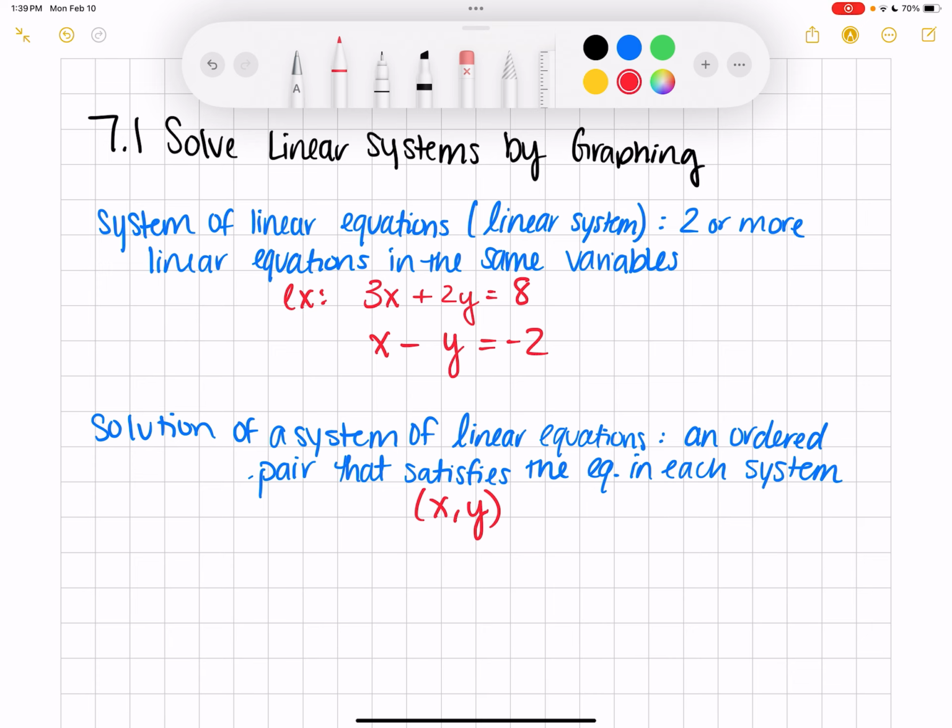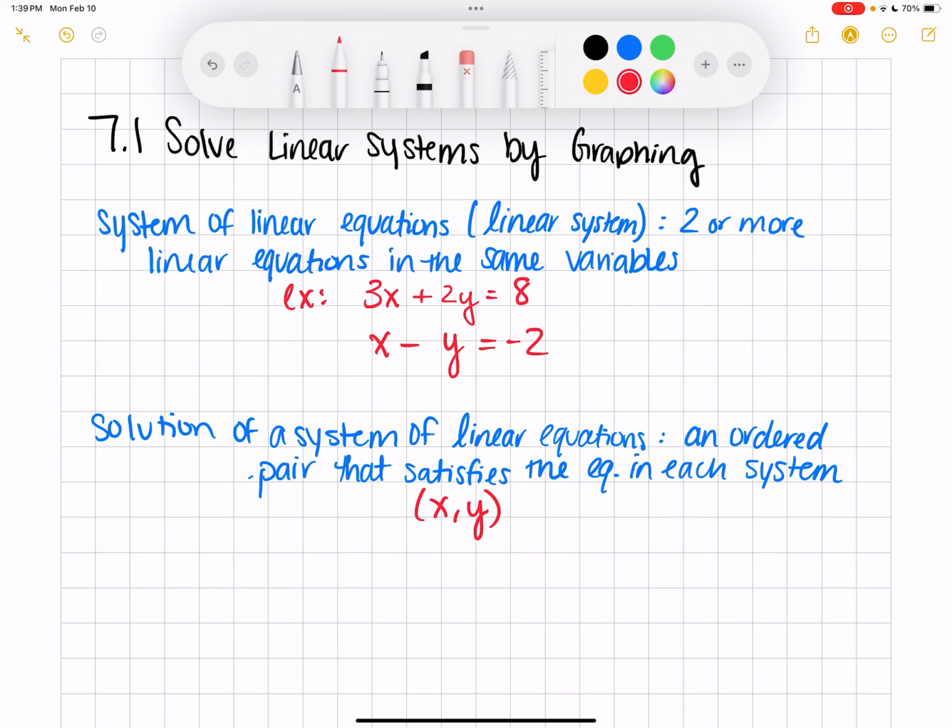Also, typically, when we're solving these, at least in Algebra 1, you're going to have one line like this and one line like this, okay? So one of them has to have a positive slope and one of them has to have a negative slope. So if your lines are going the same direction, at least at the beginning of what we're doing, you've done something wrong. So hopefully that's another clue for you also.